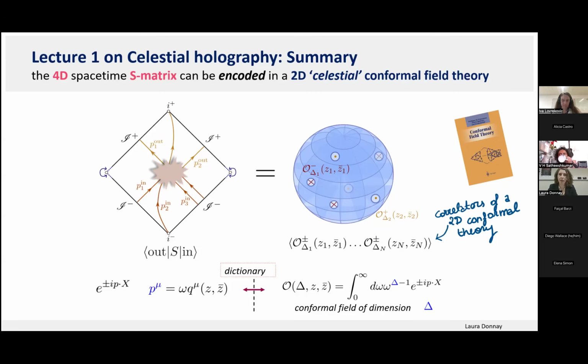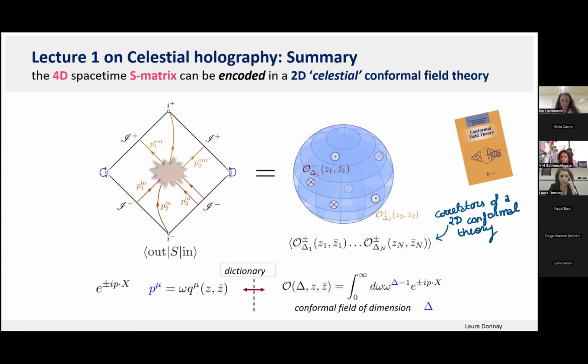So today will be a part, again, more based on amplitudes and CFT, but more on the amplitude side. And then in the second part today, we are going to switch gears a bit and talk about gravity and asymptotic symmetries, make connection with the topic of asymptotic symmetries that Daniel introduced earlier, and see what it can teach us about celestial holography. So let me start by a review.